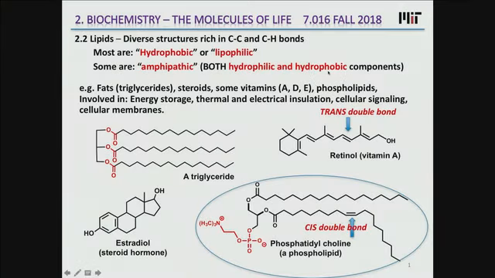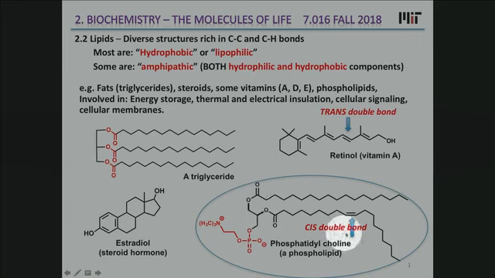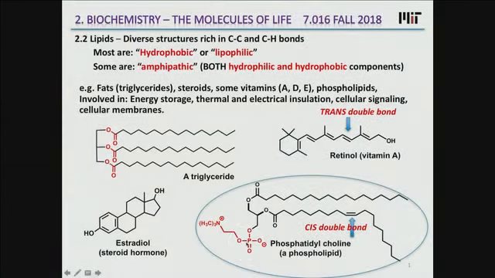There are a couple of tiny terms that I didn't mention explicitly, so I just want to do that now. For example, in this phospholipid structure, and we'll talk about these, they have long chain fatty acids attached via esters to this glycerol unit. There's one here and a second one here, and then what's known as the polar head group.